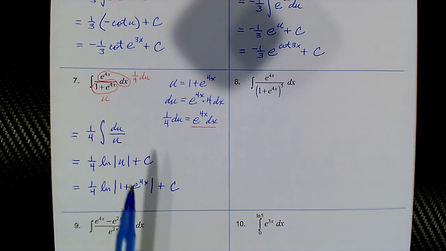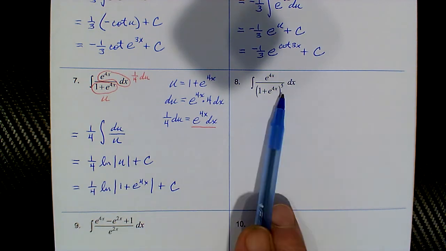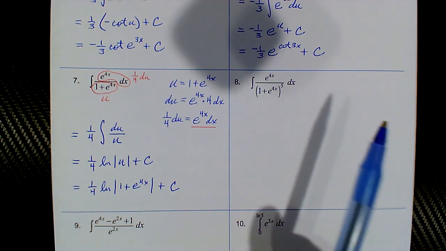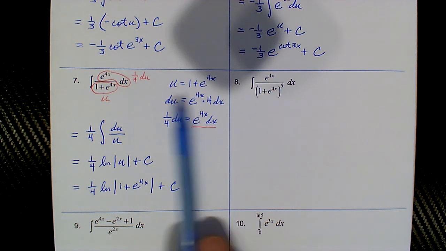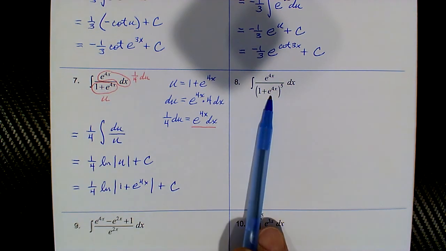Okay, so the difference between 7 and 8 is basically the same problem, except the denominator in number 8 is raised to a power. So again, reinforcing the fact that when you deal with integrating fractions, the question we always ask would be, is the denominator a power? And if the denominator is a power, it's going to be u to the n.